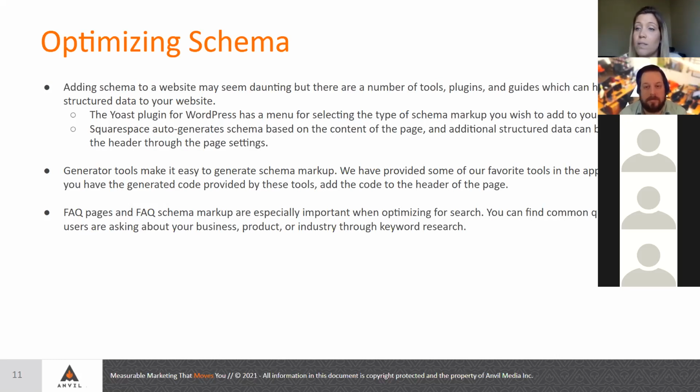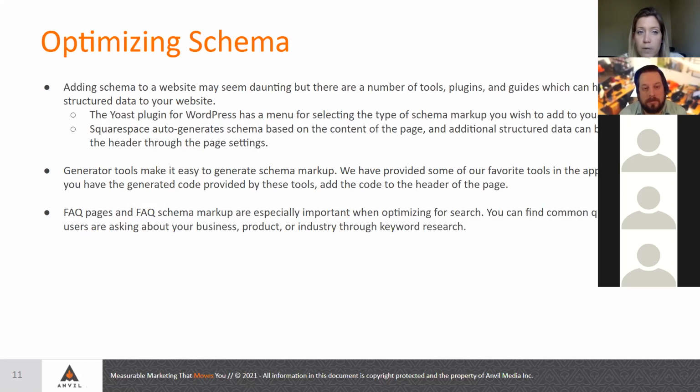All you have to do once that plugin is activated is select the type of schema you wish to add to that page, and it'll automatically populate the pieces of information, the lines of code that you would need to then qualify your site for those rich results and those featured snippets.